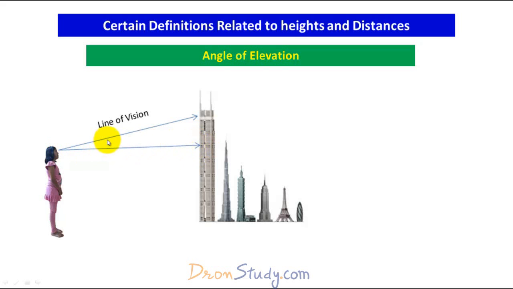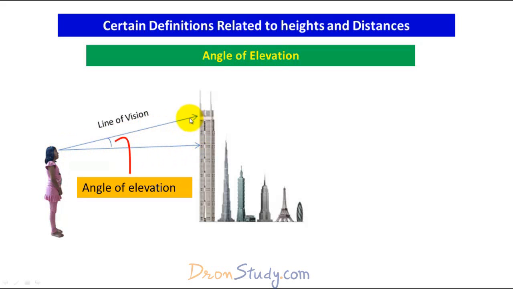So the angle formed by this line of vision and the horizontal line is called the angle of elevation.